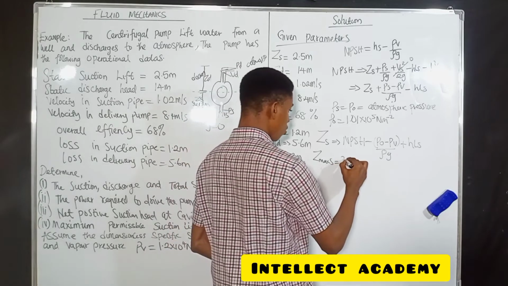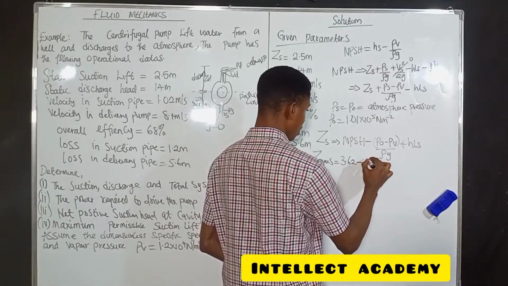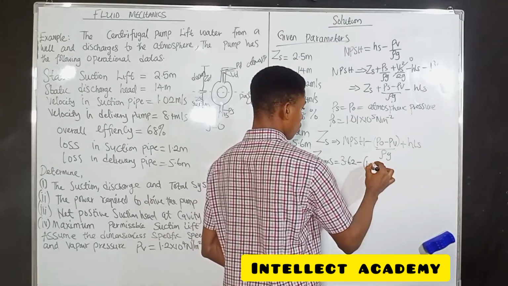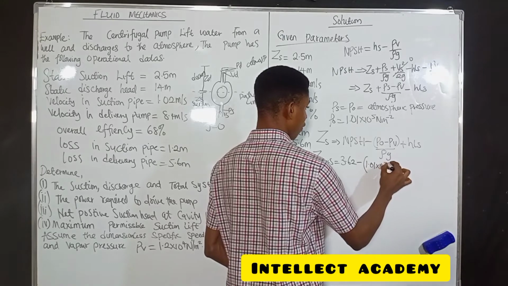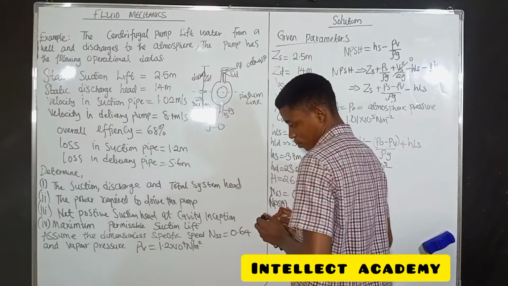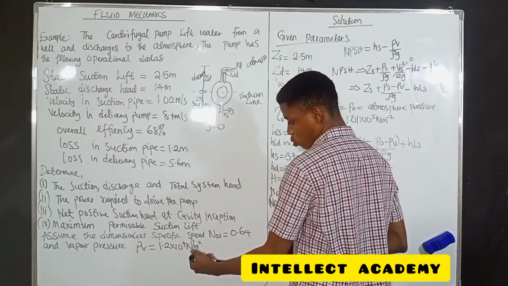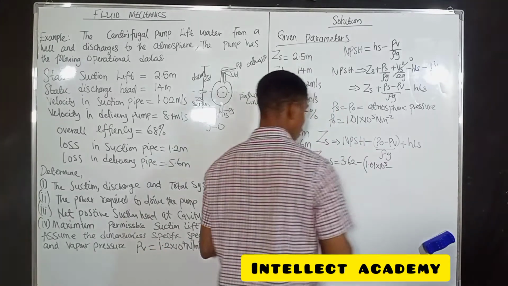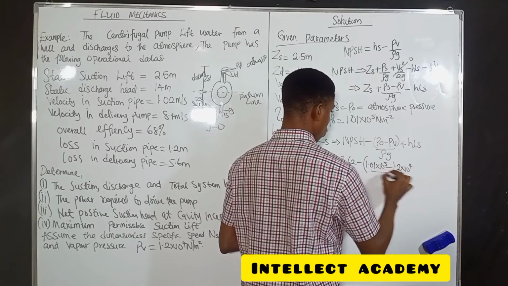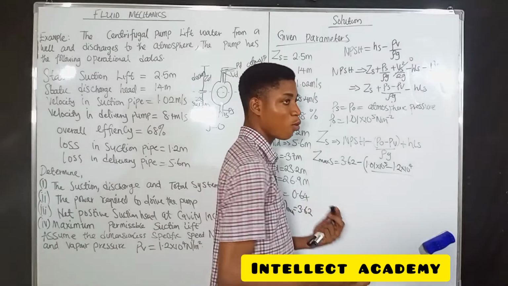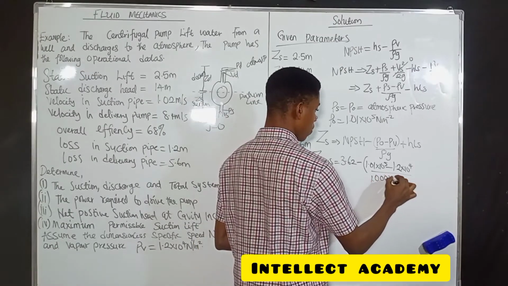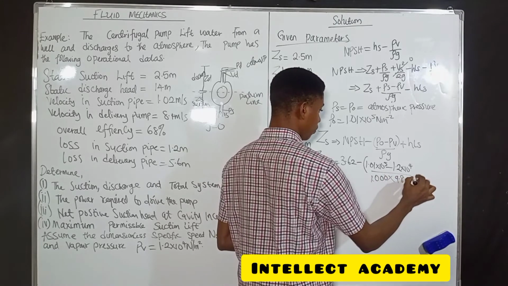So we have 3.62 negative. We have our pressure to be 1.01 times 10 to the power 5 negative. Take note, they give us our vapor pressure to be 1.2 times 10 to the power 4. So we have this as 1.2 times 10 to the power 4 over our density, which is density of water, is 1000 multiplied by gravity, which is 9.81.